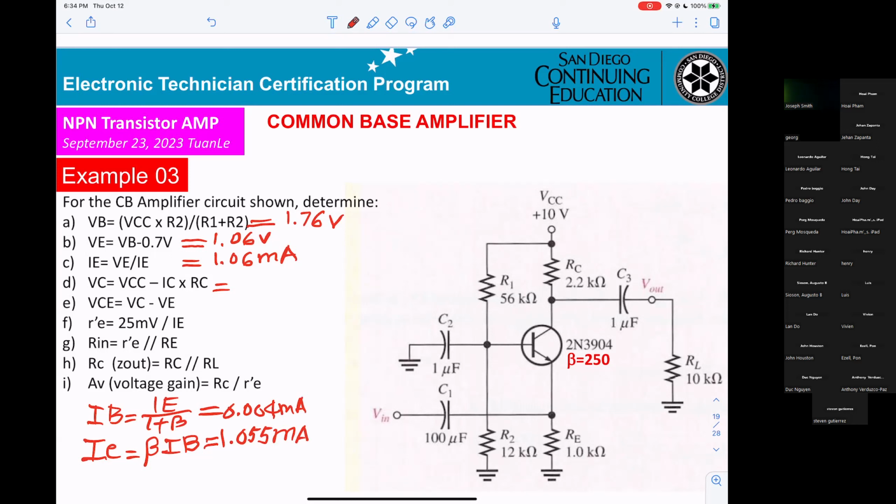Okay, so what do we see equal? That equals 10 minus 1.2, 2.2. Okay.